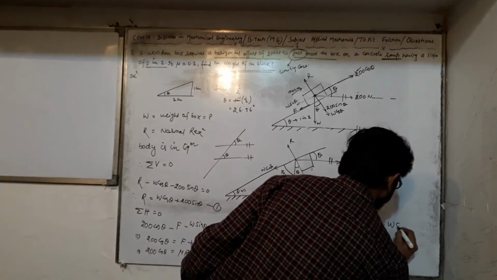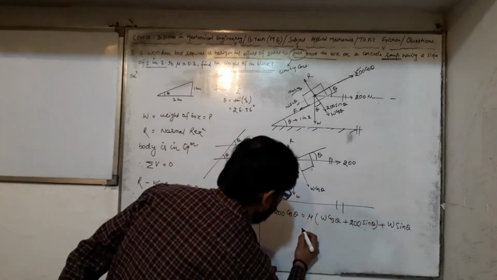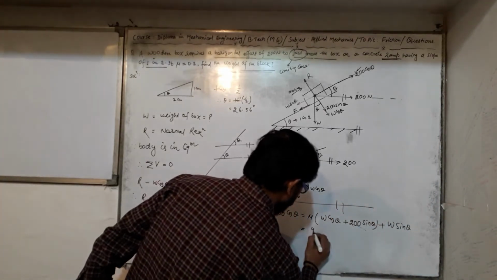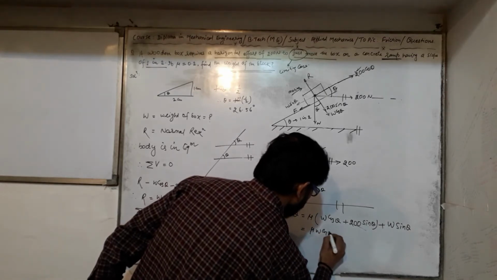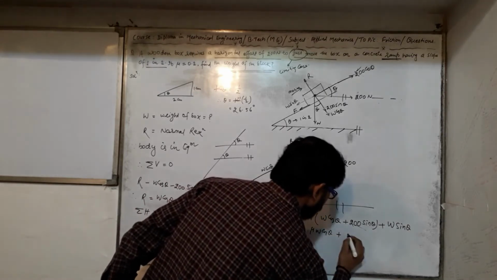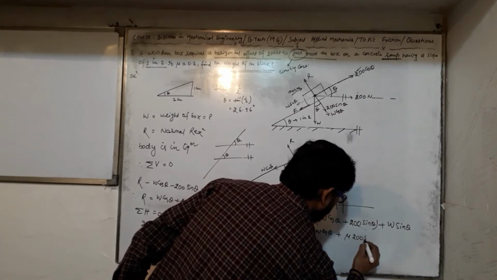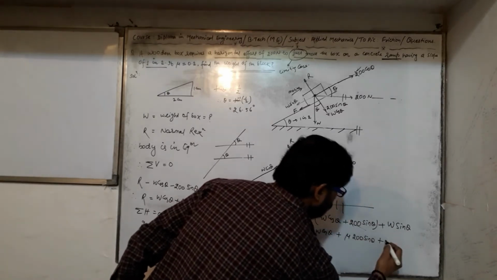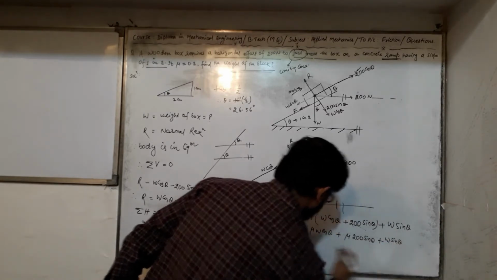Here we get mu times W cos theta plus mu times 200 sin theta plus W sin theta.